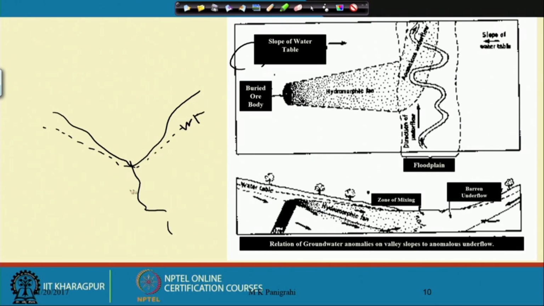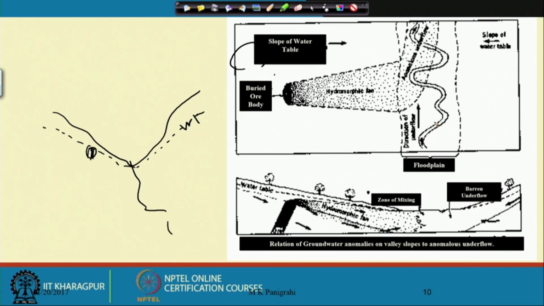and any ore body lying here somewhere, as shown in this diagram, will always carry the metals in solution and will get discharged on the river bed, and that is how we could always get a concentration.